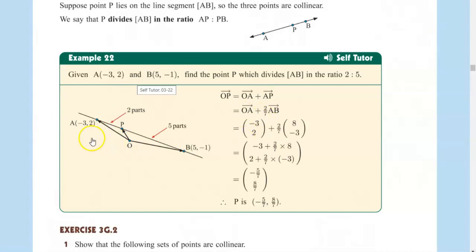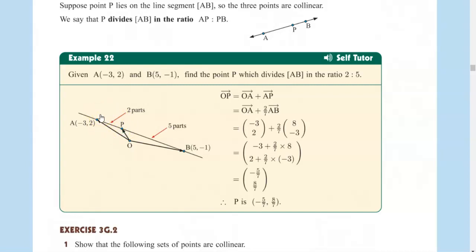So OA, we can get that as a vector. Are we happy that this is 2/7 of AB? All right, A to P, it's part of AB, it's a fraction of it, 2/7. Sammy, if instead of the ratio 2 to 5, it was 2 to 11, what fraction would AP be then? 2 over 13.